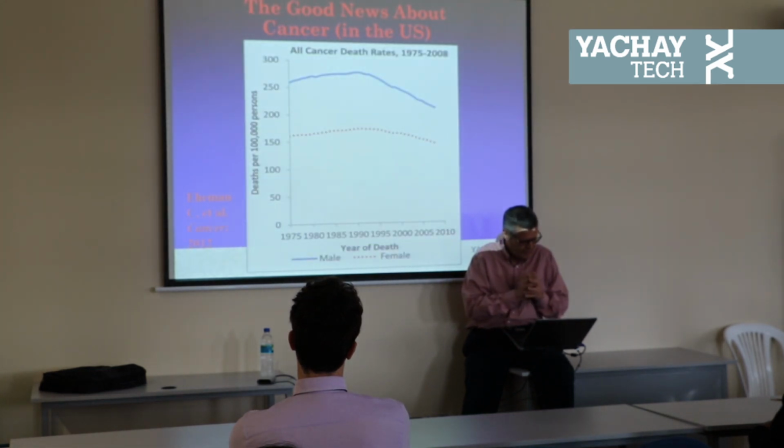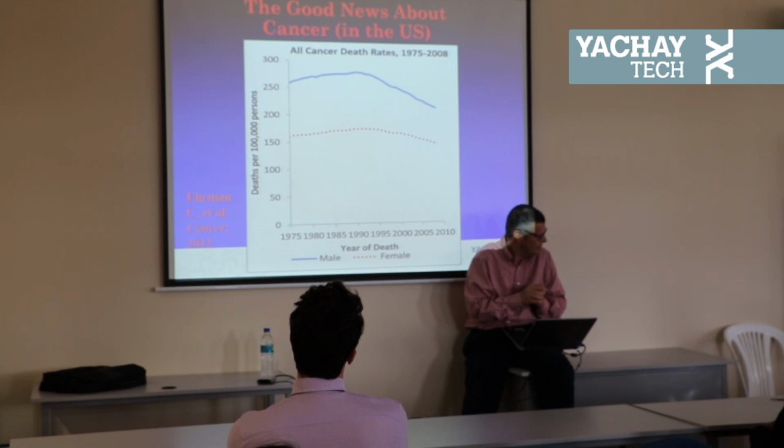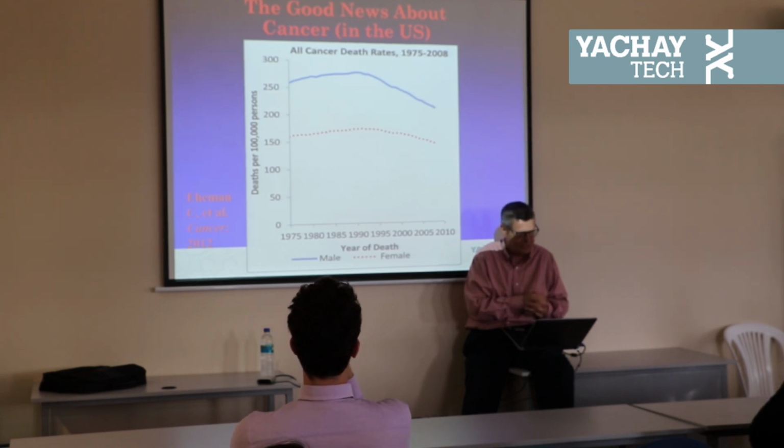Now, in the United States, President Nixon in the 1970s engaged in a very expensive war on cancer, so there was a lot of money, including today, that is being thrown at solving cancer. And the question is, did anything come out of this? If you look at cancer mortality, so cancer deaths in the U.S., from 1975 to roughly 2010, you see that in the mid-1990s there was an inflection point.